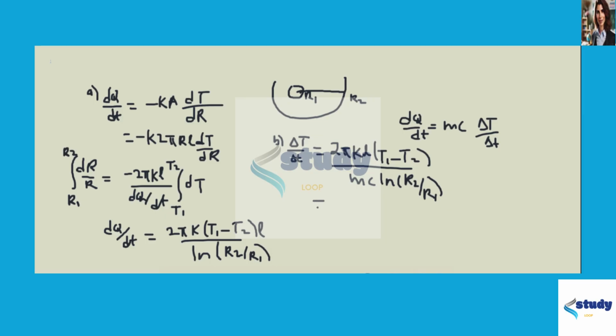And substituting the values, this gives us a rate of change of temperature, which is 4.8 Celsius per second.